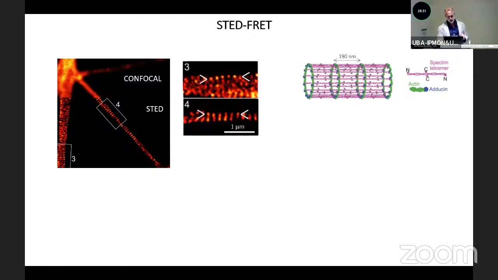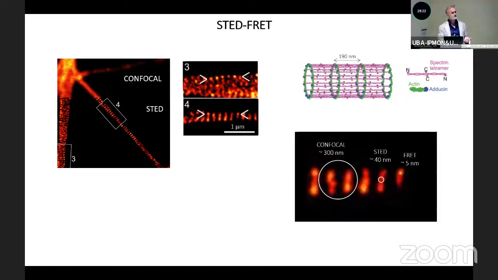Okay, so with STED we can image this periodicity. We can see that spectrin and actin are intercalated. We can also see that. But for example, we cannot confirm that actin and adducin are in contact here, because that's a biomolecular contact. So we would like to, for example, apply FRET between actin and adducin to confirm that they are interacting in this subdiffraction structure, in this very small structure.